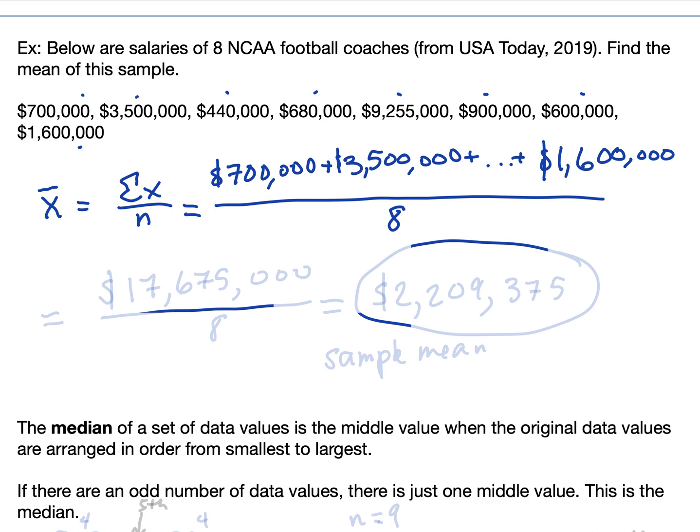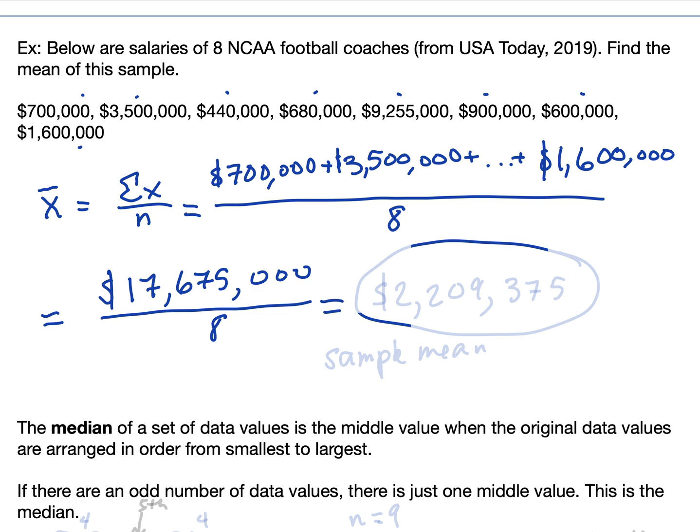At this point, I would probably pull out a calculator to add the values in the top. Adding the values in the top together would give me 17,675,000. And then this is still divided by 8.